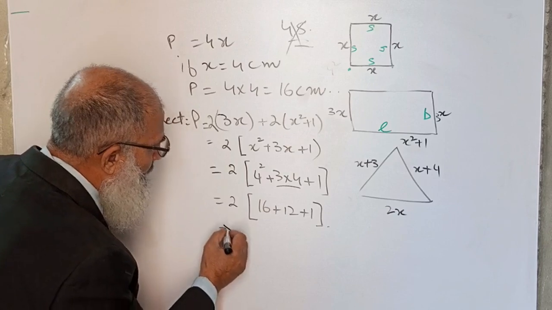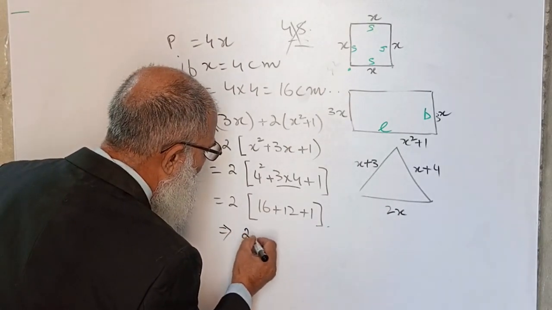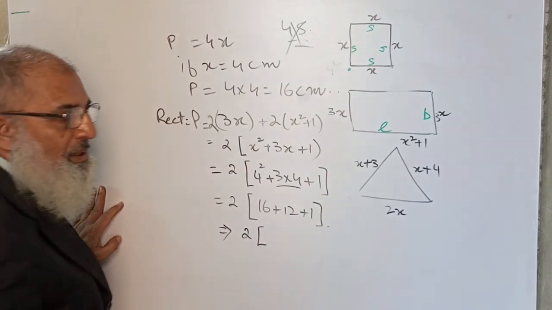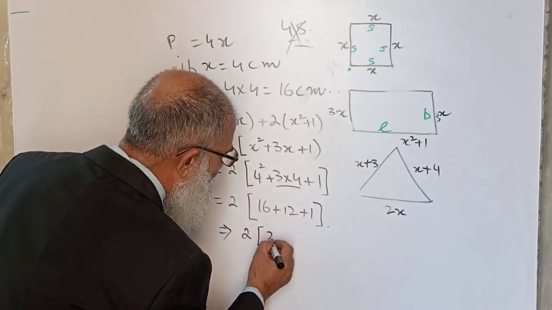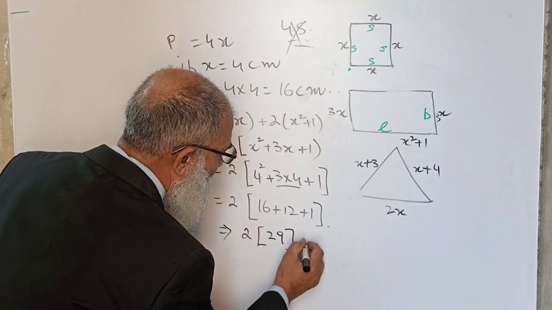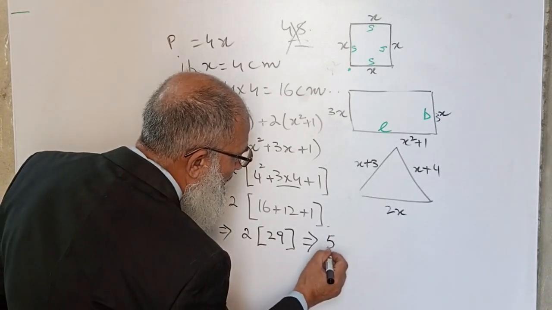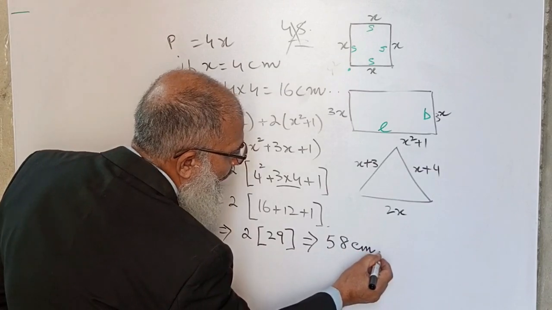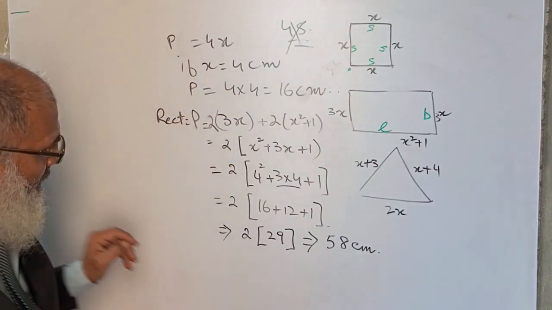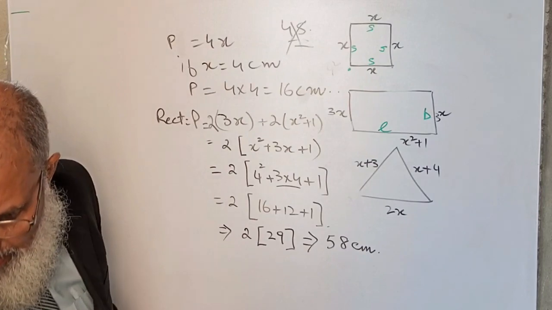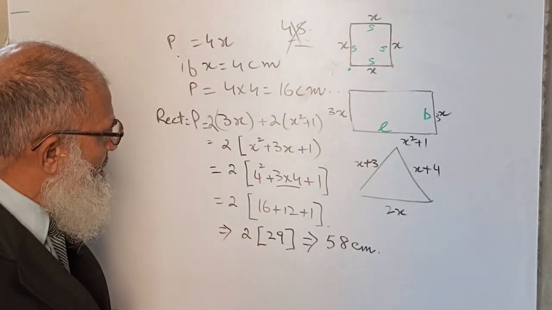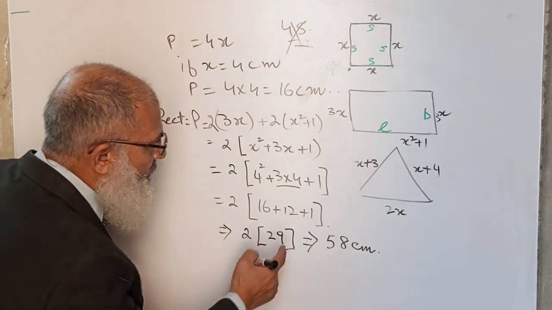So in the end, what we get here is 2 times 29, and it will become 58 centimeters.